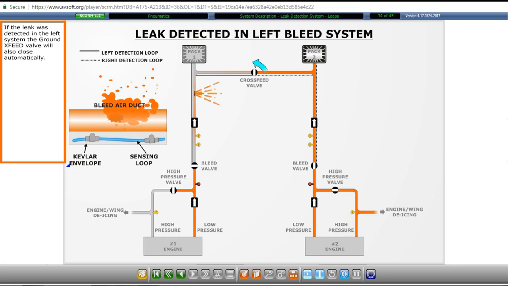If the leak was detected in the left system, the ground cross-feed valve will also close automatically.